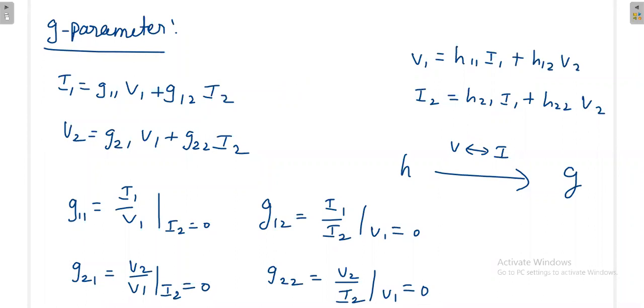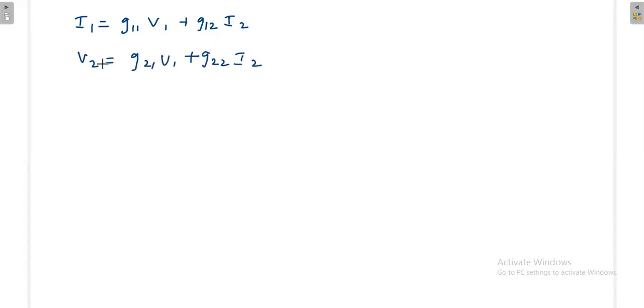That is I1 is equal to G11 V1 plus G12 I2, and V2 is equal to G21 V1 plus G22 I2. Again, on the input side, the input current is represented as G11 V1 plus G12 I2, so definitely this G11 has to be the admittance.